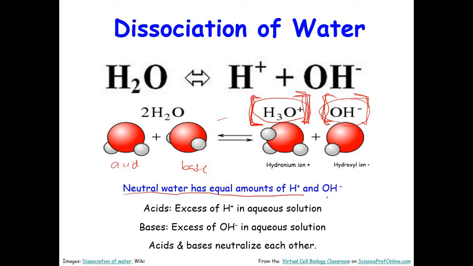Neutral meaning it has equal amounts of H plus and OH minus. Now, kung mas mudaghan na ganina ang H plus, that means it's already acidic. Kung mas mudaghan pod ang OH, it means that that is basic. So that is why acids and bases, they neutralize each other.